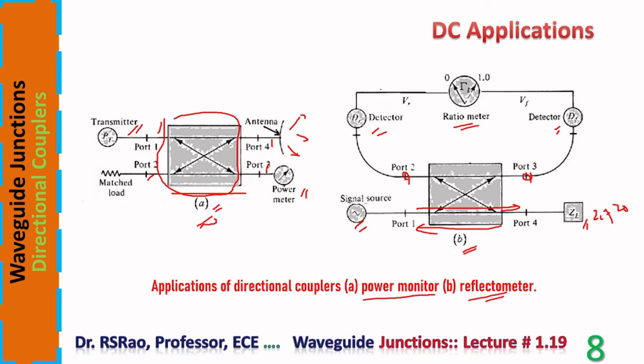The output of detector DR is a voltage VR, proportional to the amplitude of the reflected wave. The ratiometer calculates the ratio of these two voltages. Its deflection indicates the magnitude of the reflection quotient. This is an explanation of the functioning of a reflectometer in most general terms.